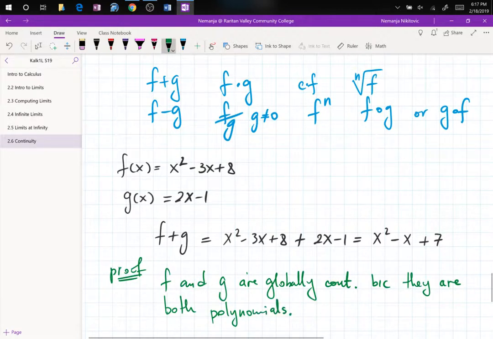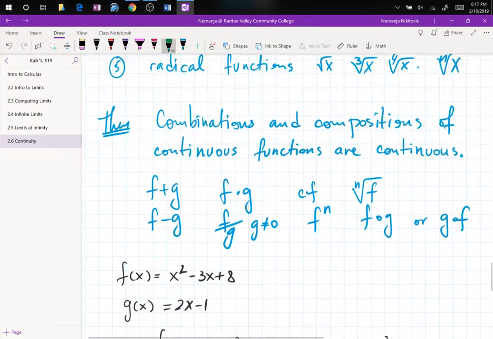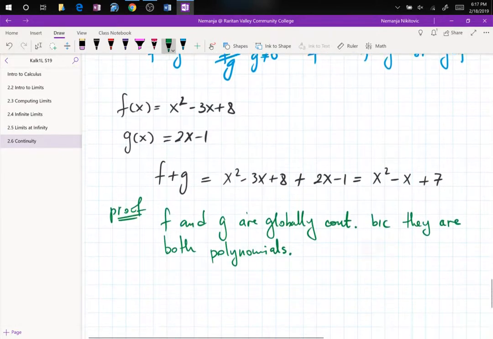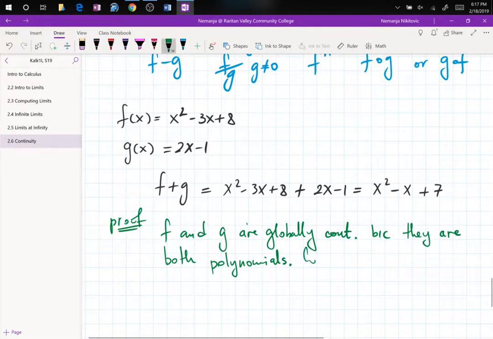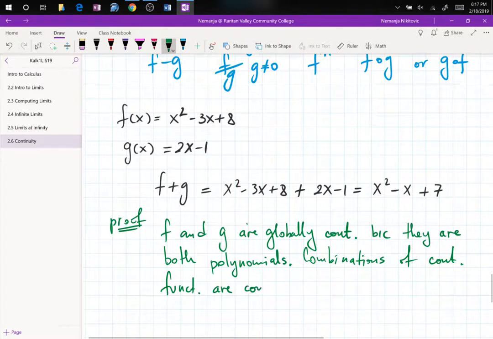And then you are calling on the second blue theorem, saying combinations of continuous functions are continuous functions. Done.